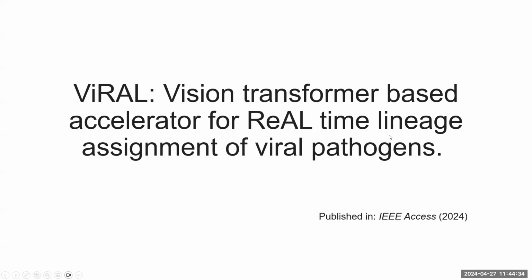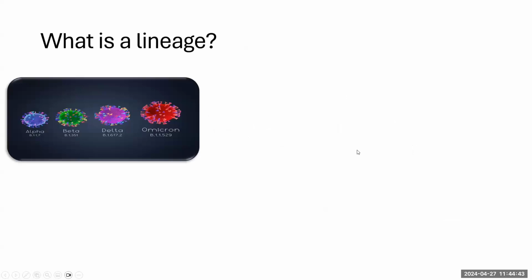So I'm going to present to you ViTAL, a vision transformer-based accelerator for real-time lineage assignment for viral pathogens. Okay, so let's begin with that. We're going to talk about lineages, and I'm going to define what a lineage is.